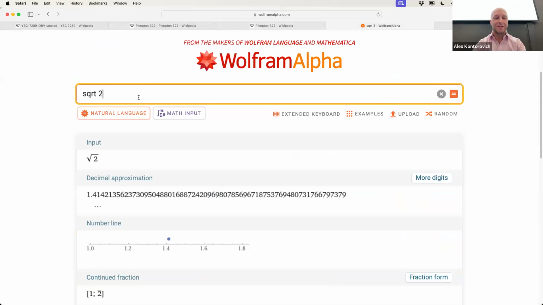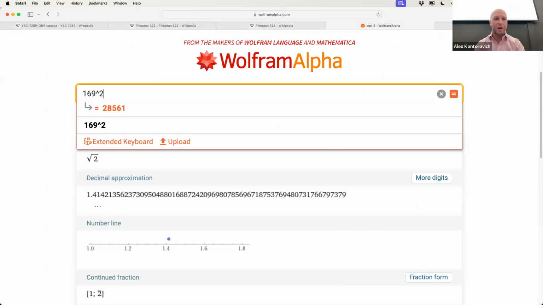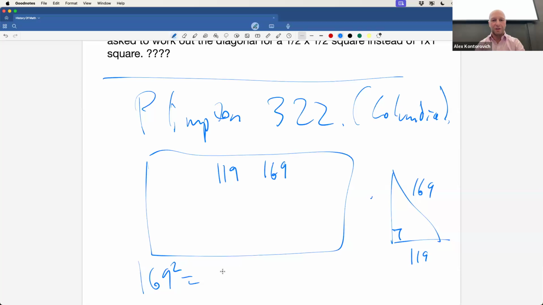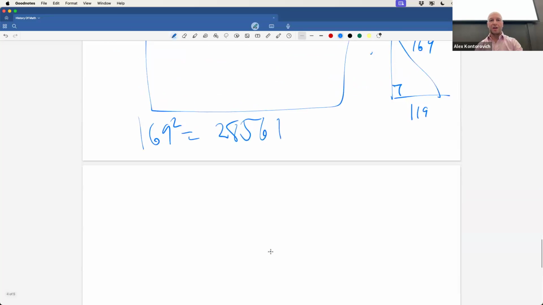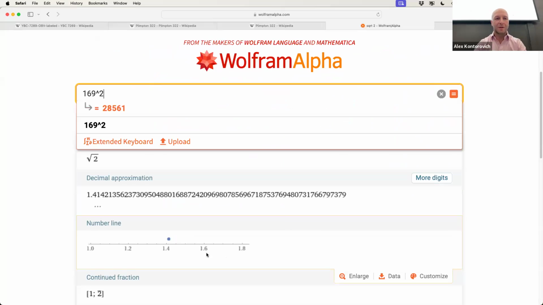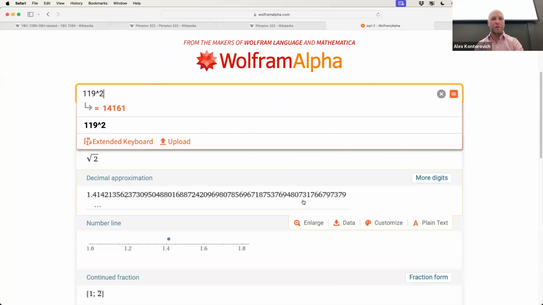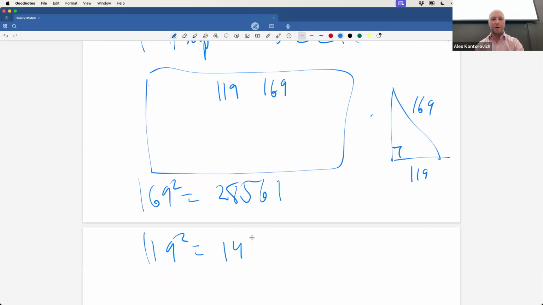Here it is. 169 squared is 28561. If you take 119 squared, 119 squared is 14161. So if this is the hypotenuse, this is c squared, and this is b squared.